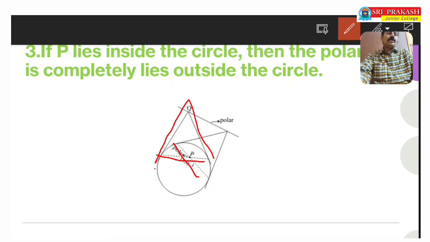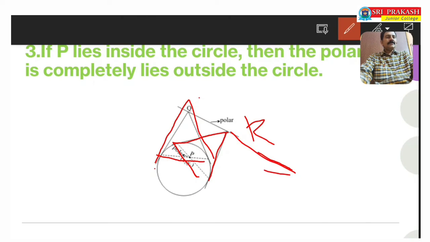And again one more chord is there. Draw the tangents at the extremities. So this is Q and R. They meet at Q and at R also. So clearly both the points lie on one line. This is also a polar. You can extend this like this. So in this case we have taken the point inside the circle, then the polar does not meet the circle.